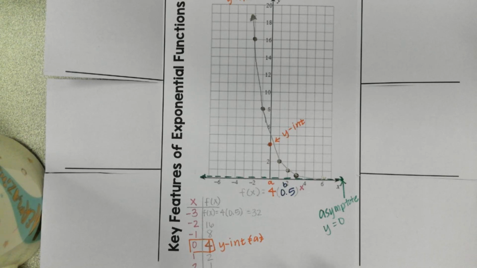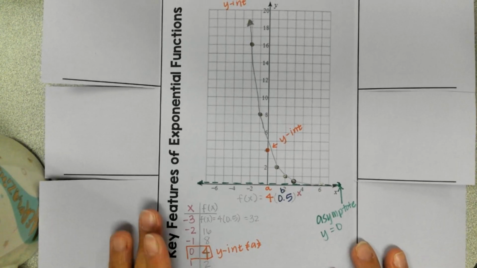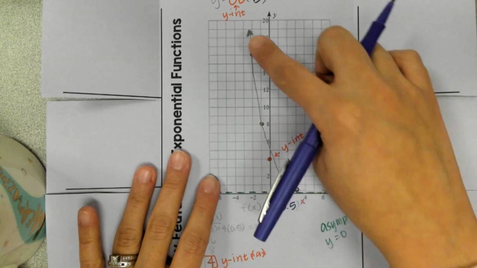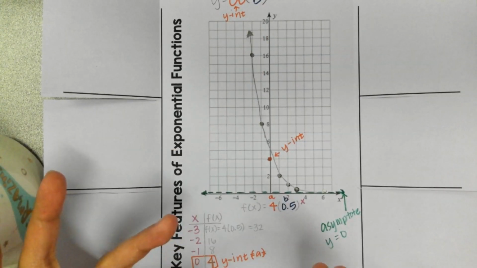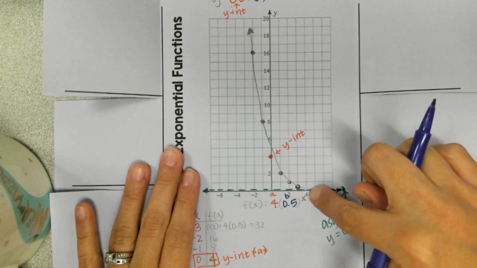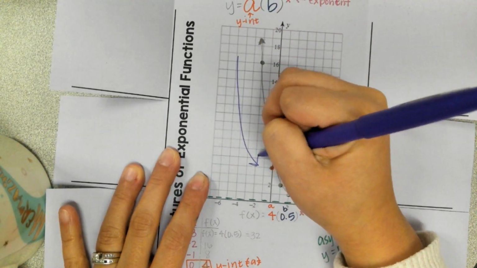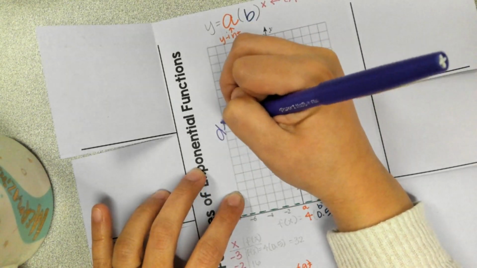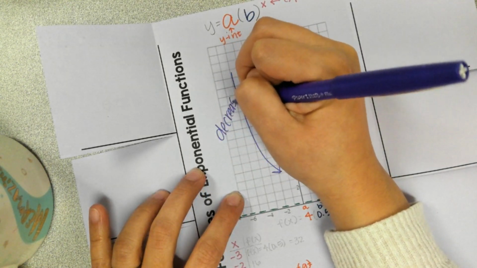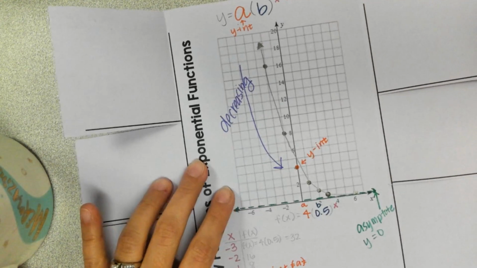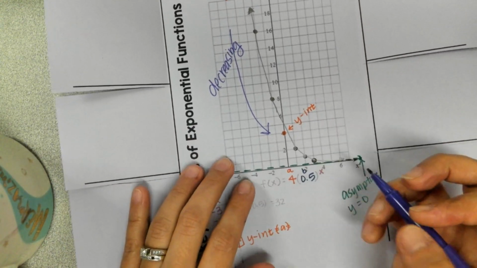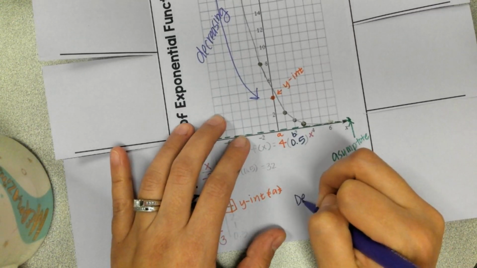And then one more thing I want to discuss on the graph before I allow you to move on to your own thing is notice my graph, like we talked about, for this type of function, is a decreasing function. It is going down from left to right. It is decreasing. So we call that decay.